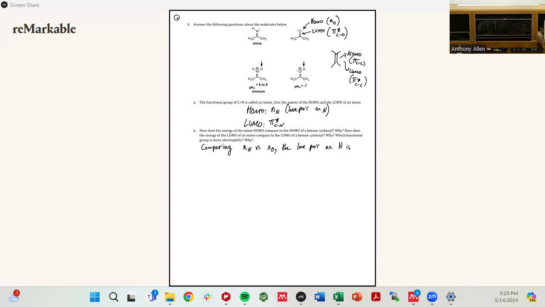So if you have a lone pair, oxygen is more or less electronegative than nitrogen? More. If it's more electronegative, oxygen holds the electrons closer to the what? If you have a minus charge closer to a positive charge in terms of energy, that is lower in energy. So the lone pair on N must be higher.